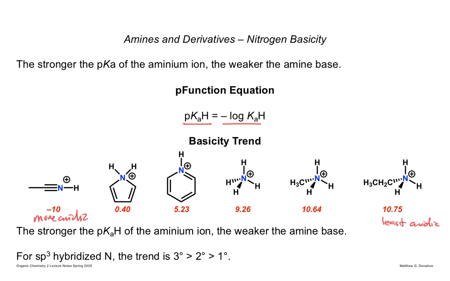And so above it, we can talk about basicity. So more acidic would mean weaker base. Least acidic would be stronger base. And so keep in mind when we say base, what we're really talking about is the starting amine.